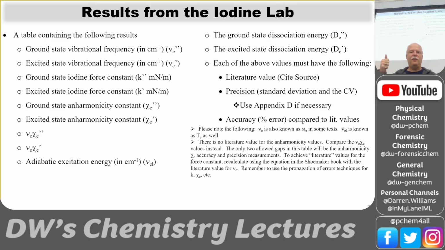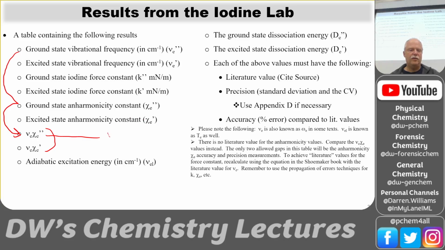So these are the results that you'll get from this iodine lab. You're going to have the ground vibrational frequency and the excited state vibrational frequency. You'll use those to calculate the force constants, and you'll propagate the uncertainty to get those force constants. You'll get the ground state anharmonicity constant and the excited state anharmonicity constant. And then you'll get these values here, which is these two multiplied by each other. So this one times this one is this, and that's actually in the literature.